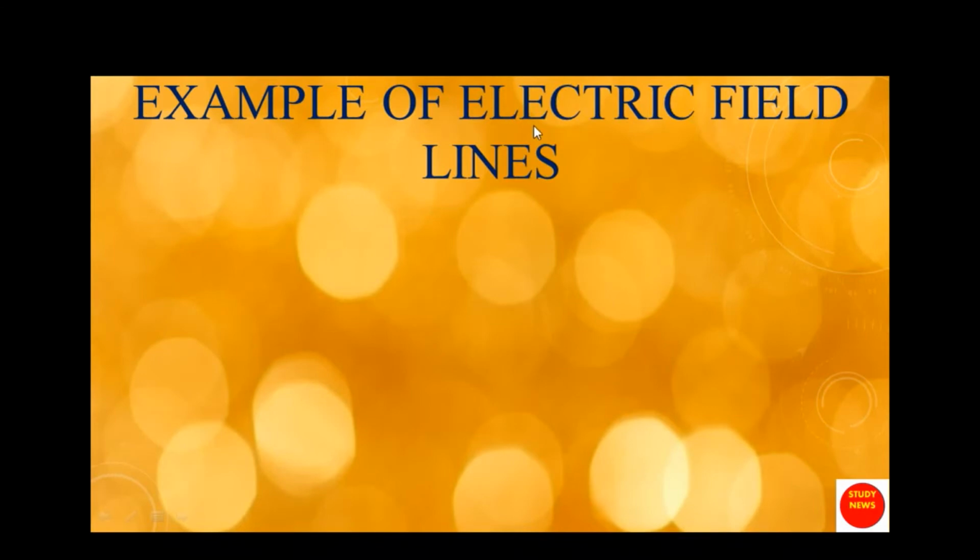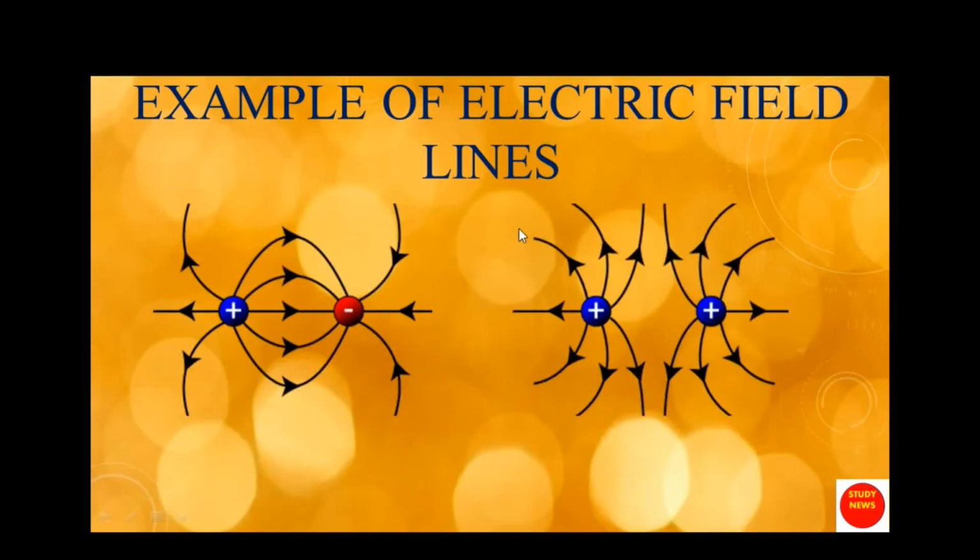So let's begin. Examples of electric field lines: when we have two charges, one a positive charge and the other a negative charge, we know the electric field lines have direction from positive to negative.